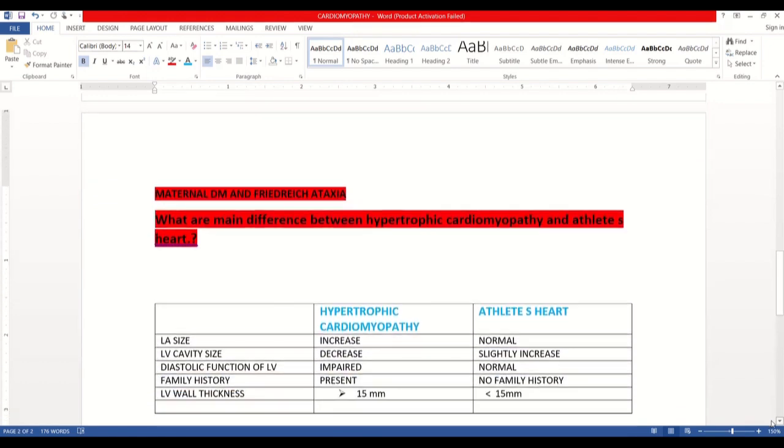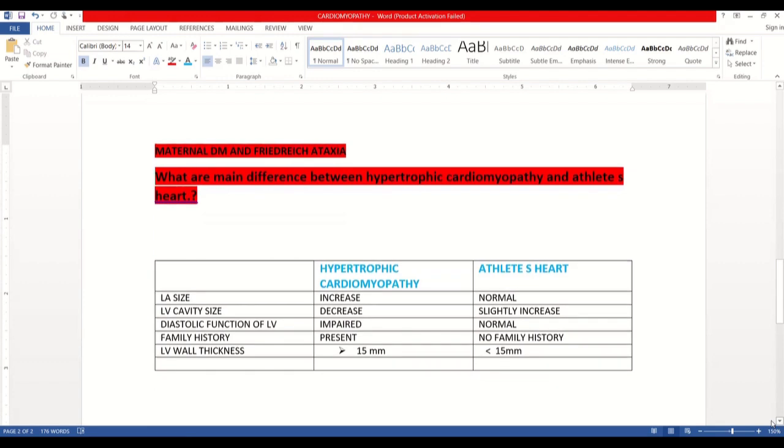In hypertrophic cardiomyopathy, the left atrial size is increased, while in the athlete's heart, the left atrial size will remain normal.